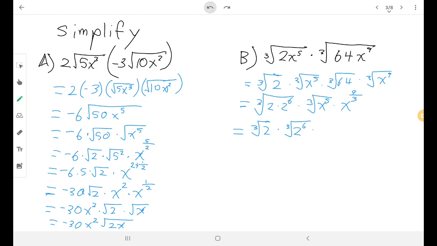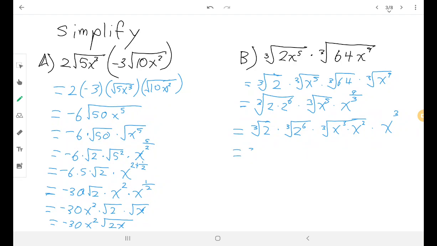This one, I'm going to split up, instead of x to the 5th, we're going to call it x to the 3rd times x to the 2nd. That's 5 x's. Times, and then I'm going to write this as x to the 3rd. That is to say 9 divided by 3 is 3.